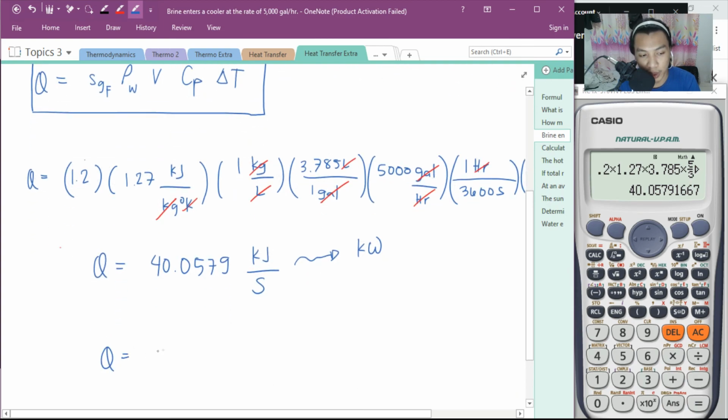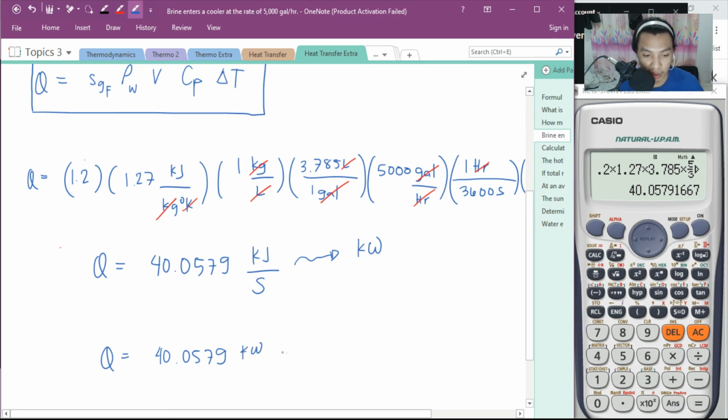Okay? Q is equal to 40.0579. May nakalimutan ba ako? 2 times. Ayun, 1.2, 3.785 liter per gallon. Okay, 5,000 gallon. Tapos, 3,600 seconds. Kilowatt na to, di ba?